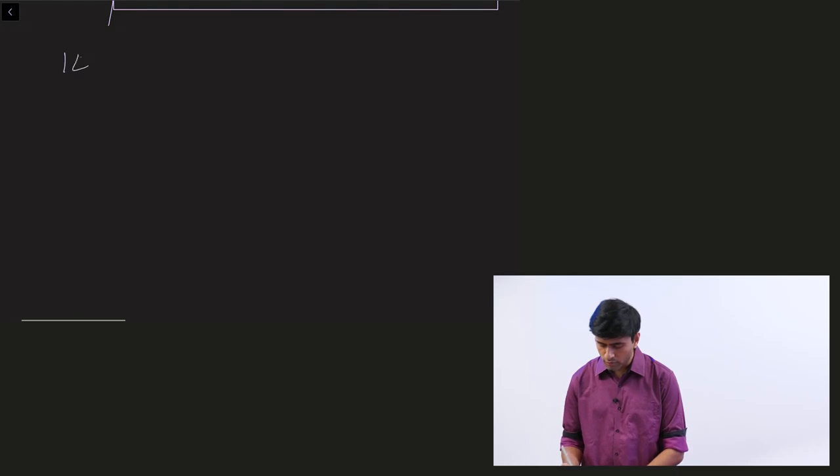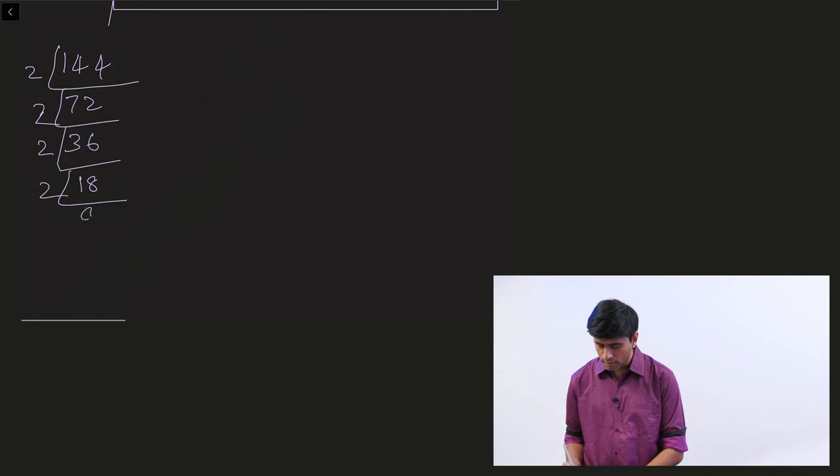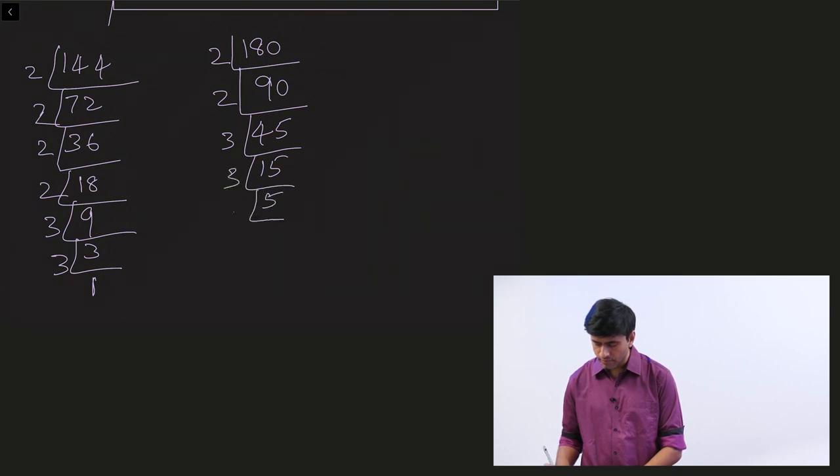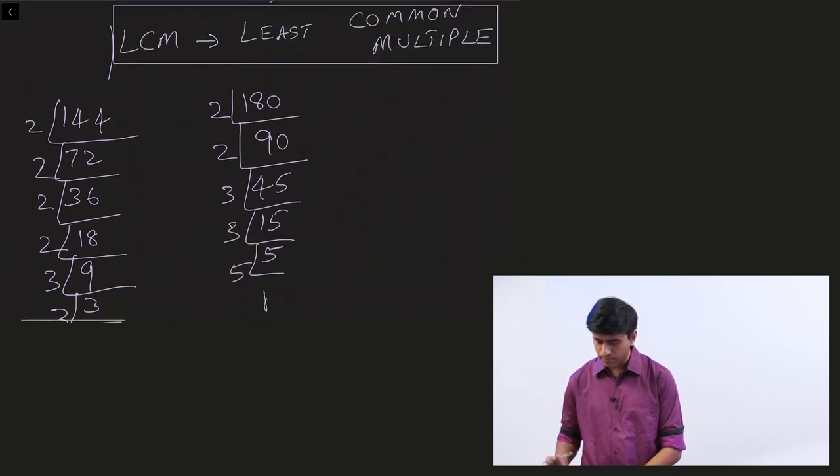So 144: 2 72s are, 2 36s are, 2 18s are, 2 9s are, 3 3s are, 3 1s are. The next number is 180. By now you should be good at doing divisions. 2 90s are, 2 45s are, 3 15s are, 3 5s are, 5 1s are.